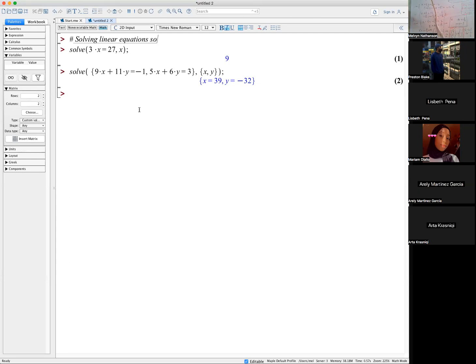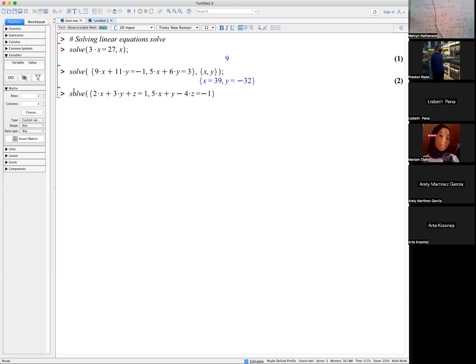So I type solve, oops, solve the following system. I put them in curly brackets. 2 times x plus 3 times y plus z equals 1. 5 times x plus y minus 4 times z equals minus 1.